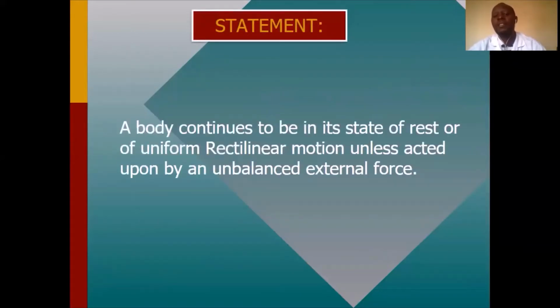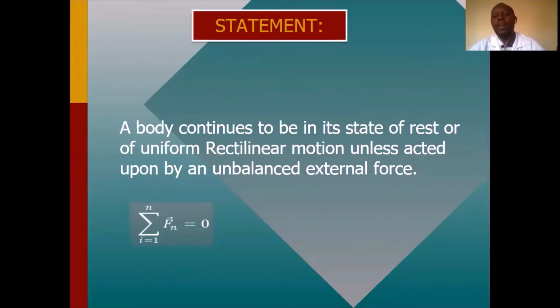The statement of this law: the first law of Newton states that a body continues to be in its state of rest or of uniform rectilinear motion unless acted upon by an unbalanced external force.